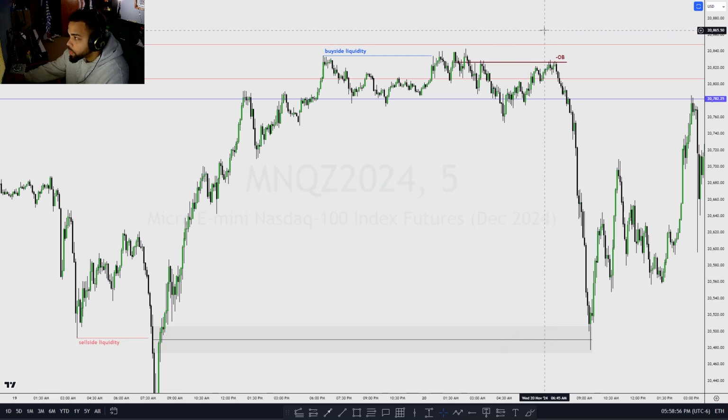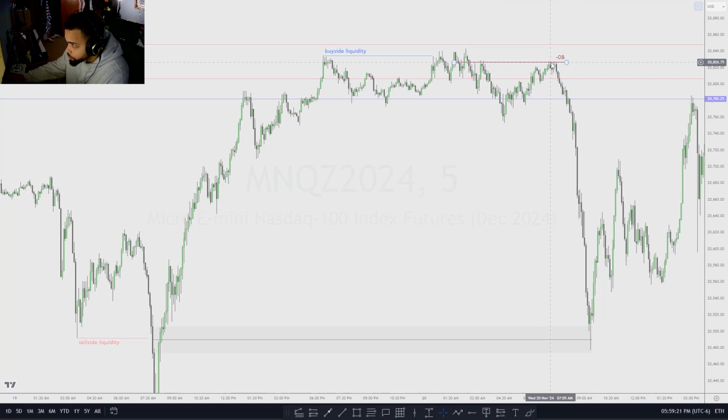Put my stop above the break, the balanced price range, and I was like, I'm at a high where we have confirmed rejection, lower highs are being printed, and I saw the order block. Everything is leaning bearish for me, but I just don't know if I should wait. But I was like, you know what, since I'm going to be at the meeting, I'm just going to enter here.